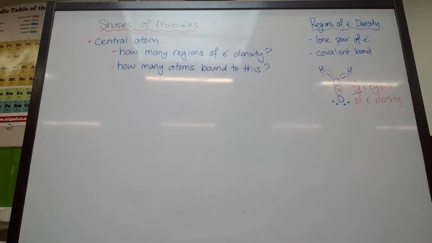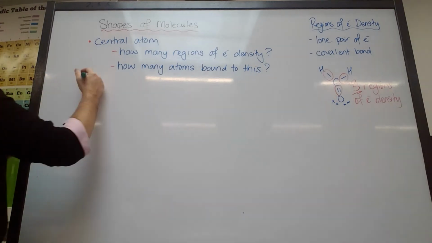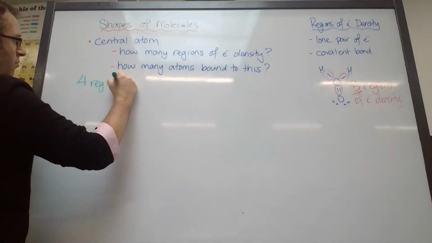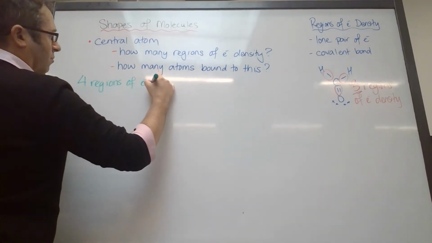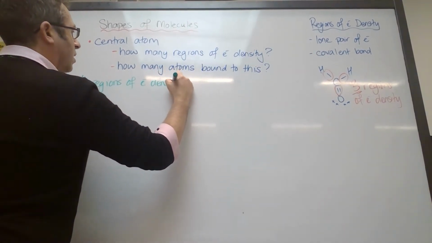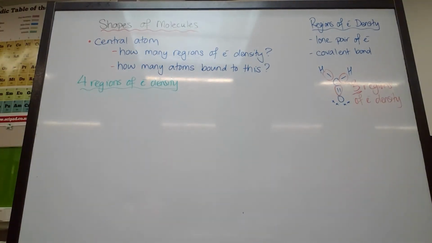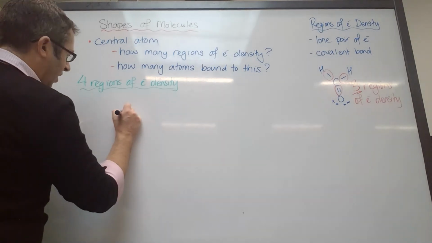So the first one I'm going to look at is four regions of electron density, and how we draw this. So if I've got my central atom, I'm just going to use a circle for this one. You'd use the symbol, so carbon, for example, that's probably our most common one, would go in the middle.